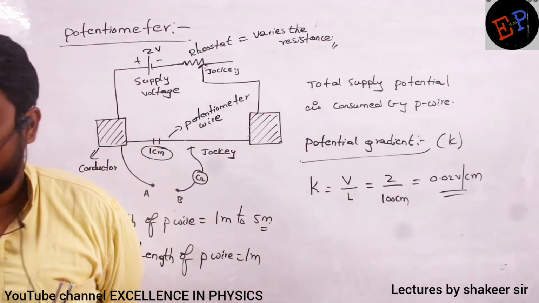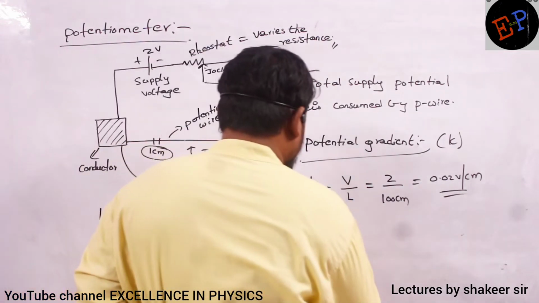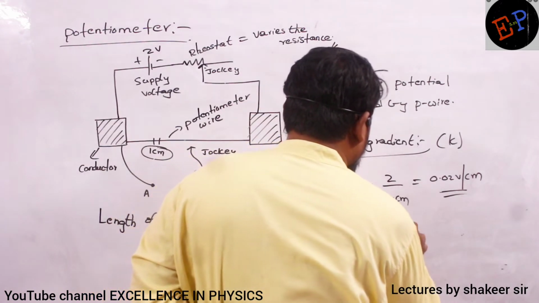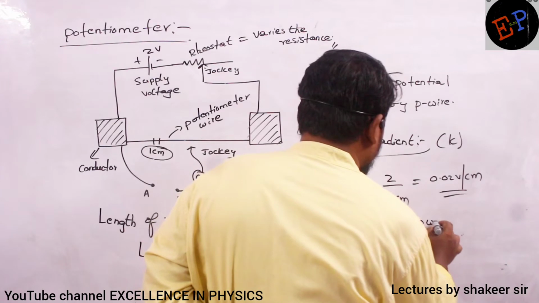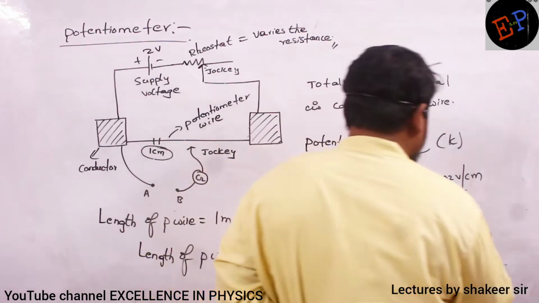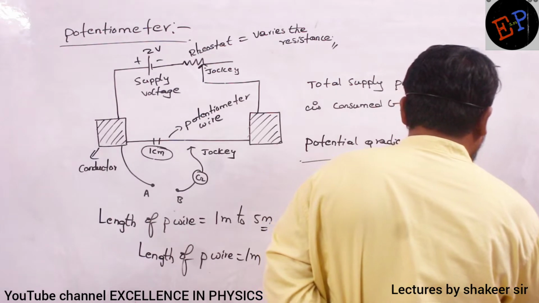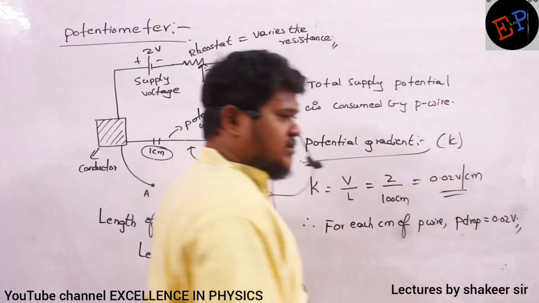So for each centimeter of potentiometer wire, the potential drop is 0.02 volts.